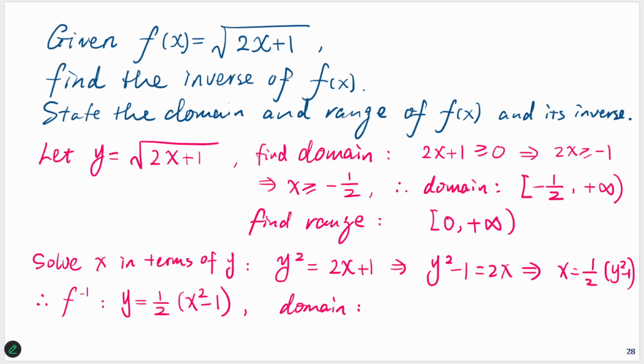The domain of the inverse is just the range of the original, so you could directly say the domain is from 0 to positive infinity, right? And the range is the domain of the original. Again, you don't have to calculate this again, just copy the domain here. That's the range of the inverse.